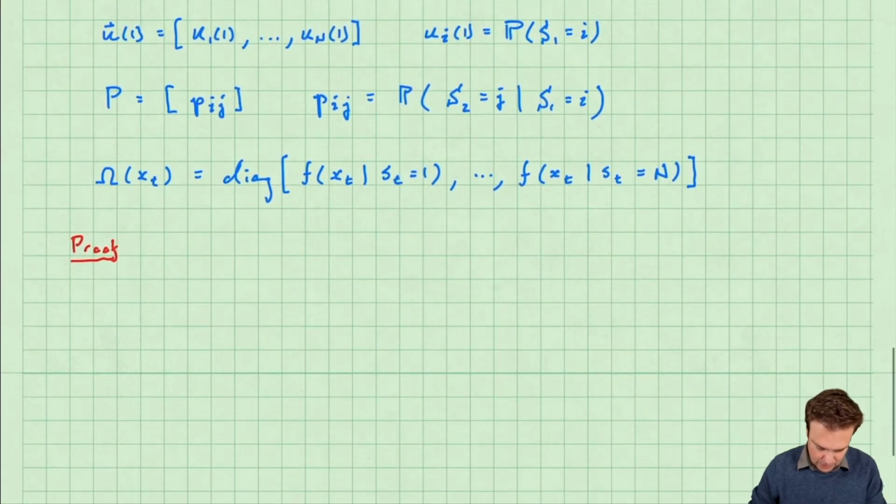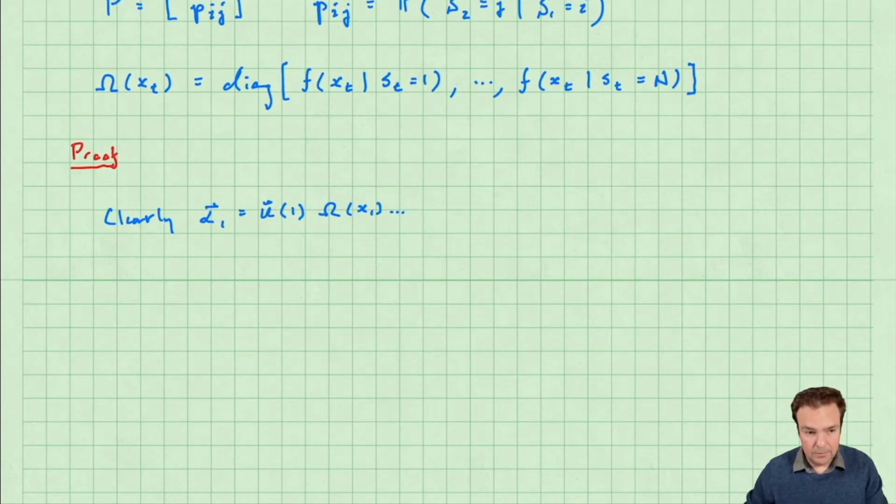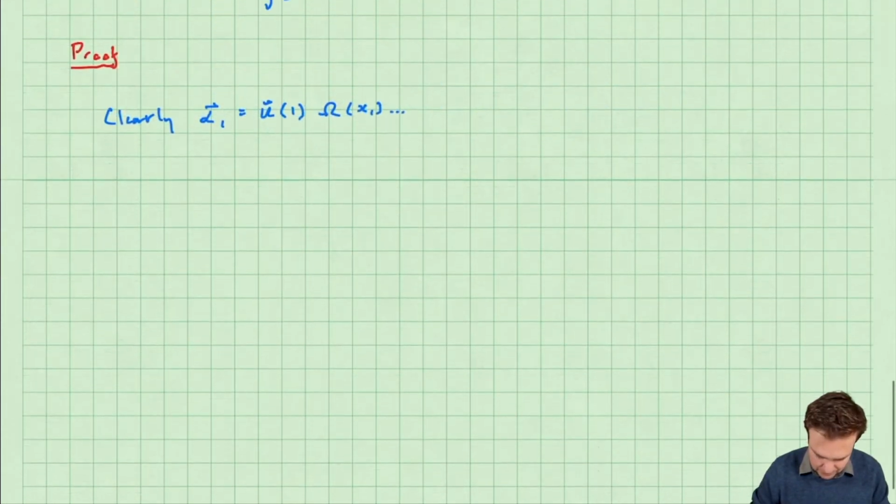So I'll just say clearly alpha 1 as a vector is equal to u1 times omega evaluated at x sub 1. And let's just see why that's the case. So you just write it out. Well, it's easiest to write this in index notation. So we'll do that and see what this looks like.